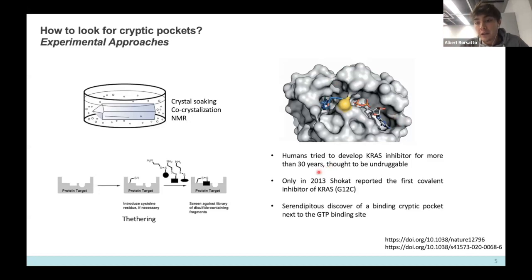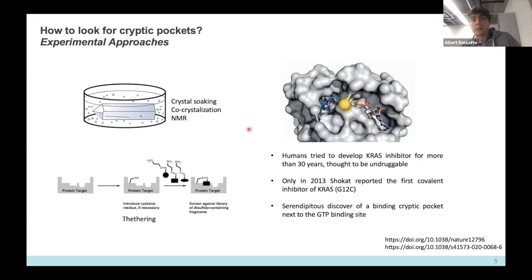Only in 2013, Shokat and colleagues exploited a mutated cysteine in order to covalently bind a ligand to the region. But once they resolved the structure, the ligand they covalently bound to the cysteine was not targeting the active site directly, but, as you can see, it was targeting a completely unknown new allosteric cryptic pocket on the site.